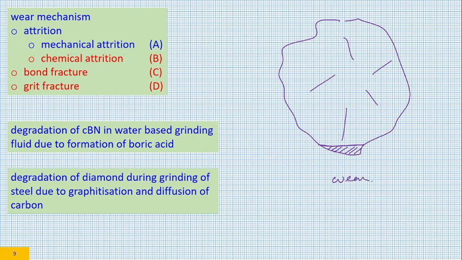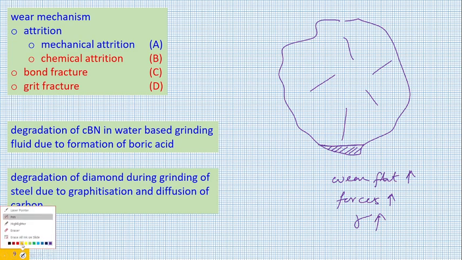So wear flat has gone up, so forces have gone up, so stresses on the grit will go up, and a point in time will come when this grit will undergo a fracturing like this. This has been discussed during wheel loading as well, and this will happen.